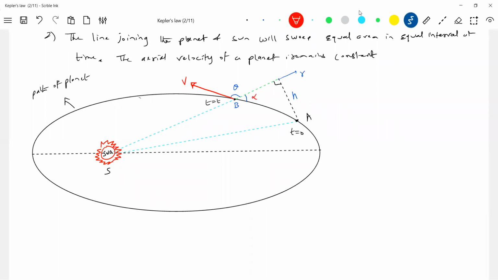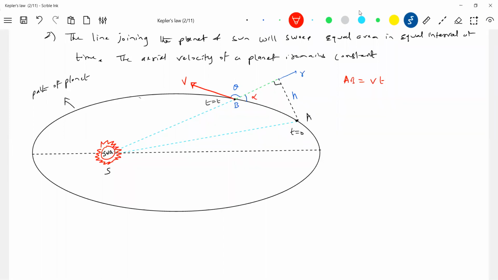In a small interval of time, what is the distance covered? AB should be equal to v t. A and B lie very close so that the speed remains almost constant. We assume this, but in fact at different points the speed will be different. So AB equals v into t.